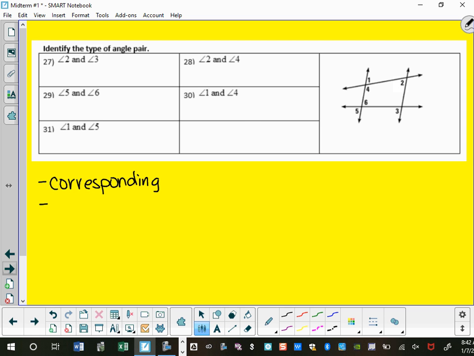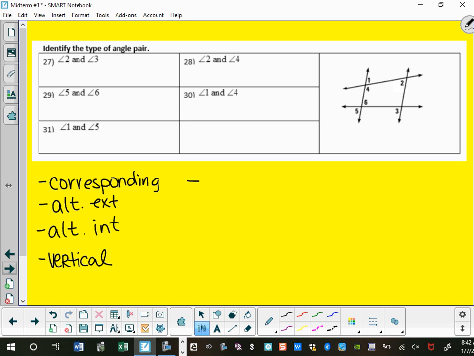Alternate exterior. What was another alternate? Alternate interior. One starts with a V. Vertical. Yep, vertical angles. This is the vocab that we need to know. There's one that's like LP, 2 words.